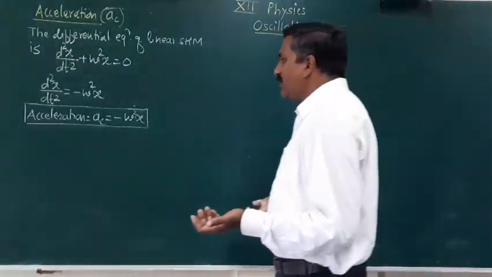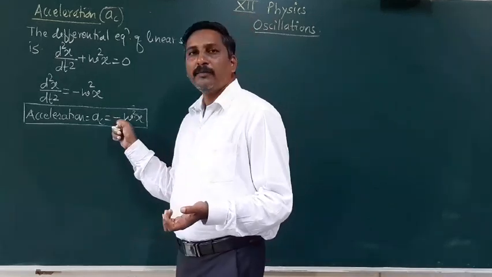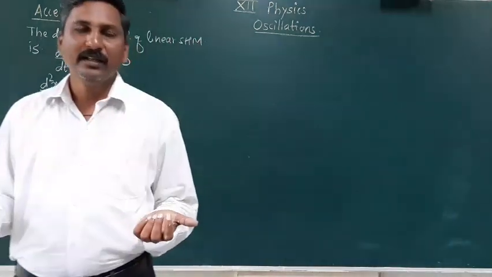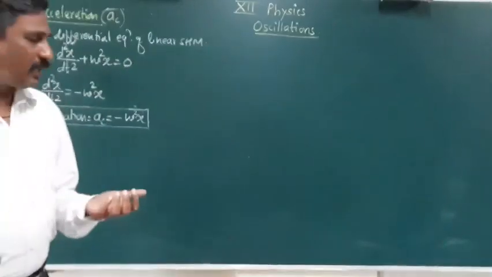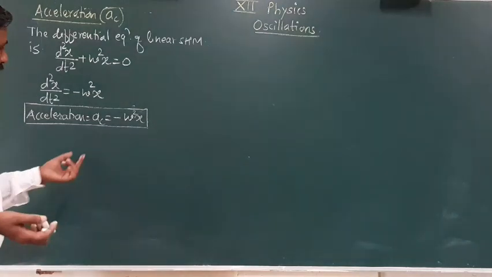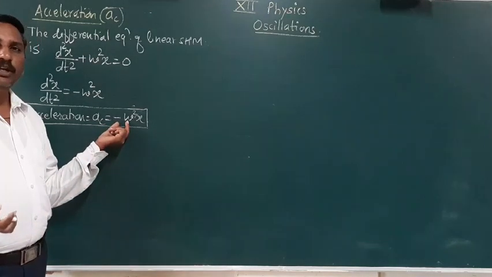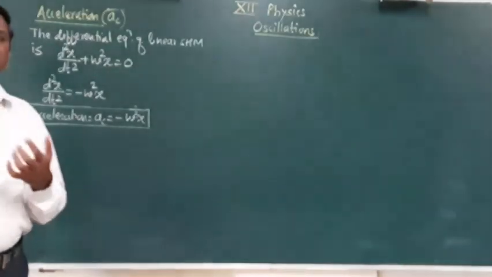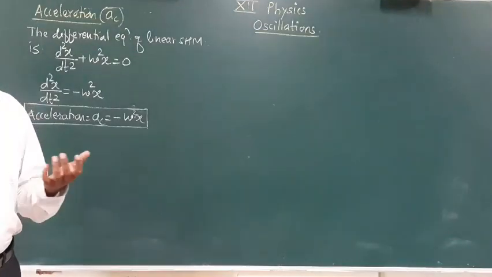Here the direction is clear: negative indicates that acceleration and displacement are oppositely directed. They ask only the magnitude, so we can easily write it. In some numericals we require omega square equals k by m, and from that they ask what is k and what is m. That k is my spring constant, and m is the mass of that block or object which performs the motion.